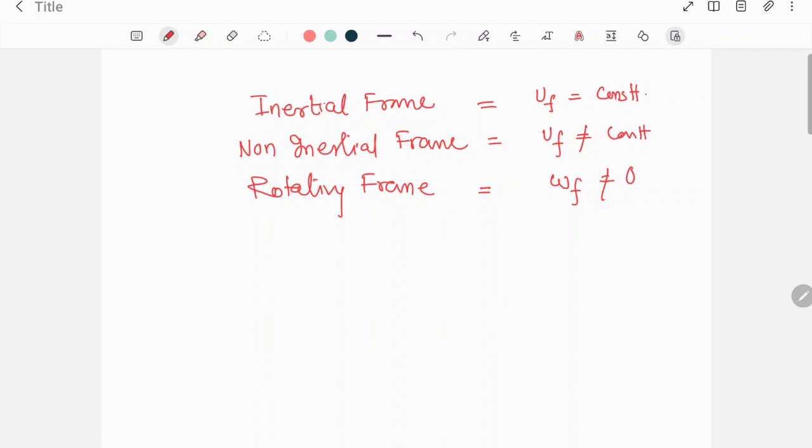Now Newton's law applies to the inertial frame only. Whenever you are talking about a non-inertial frame, your equation has to be modified and you have to add inertia forces.